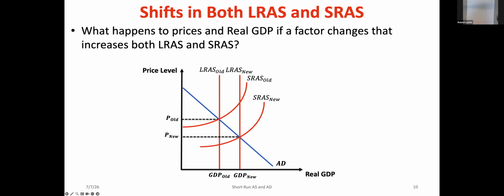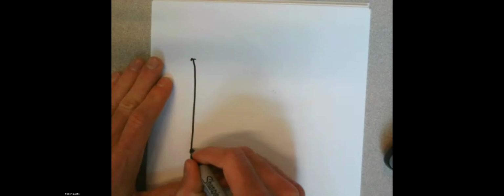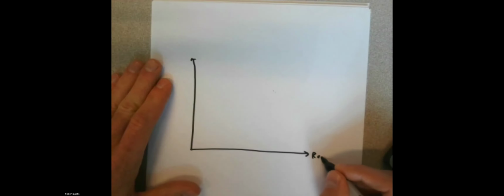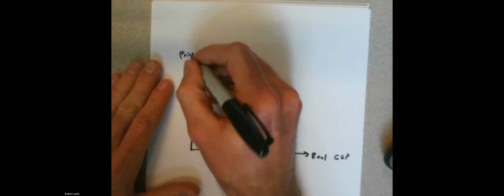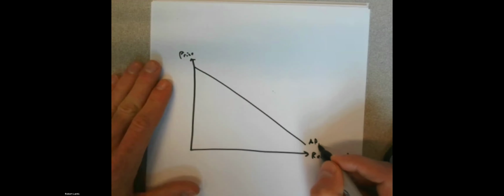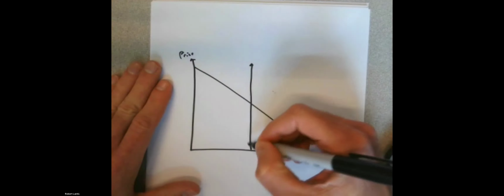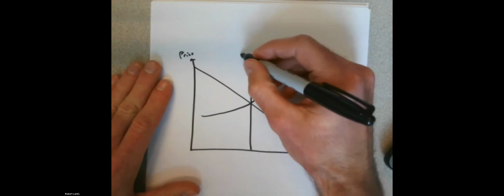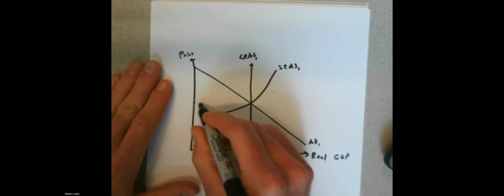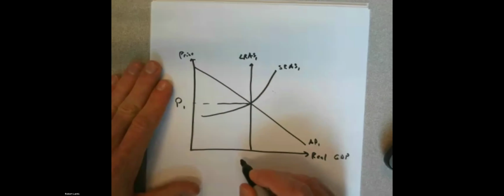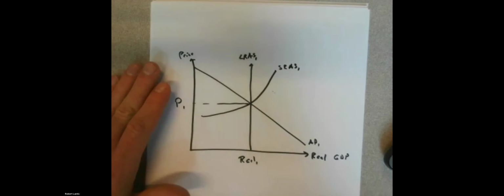Now, I want to go through this in a slightly different way. Here we'll think about it when we have decreases in long run aggregate supply and short run aggregate supply simultaneously. So if one of these things in pull changes, wherever we initially started out, we've got our aggregate demand, this long run aggregate supply, and now we have this short run aggregate supply. Our initial price level was here, our initial real GDP was here.